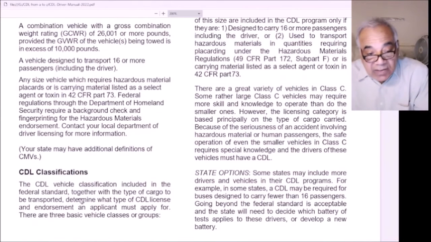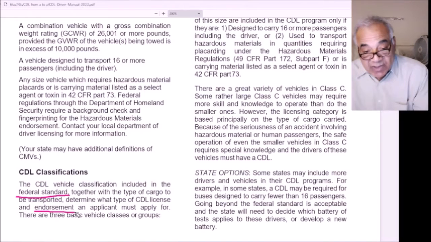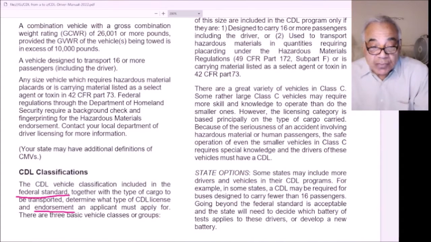We talked about the classification of commercial driver license according to the federal standards, and we also talked about the endorsements. Endorsements are the permits that the commercial driver needs on his license in order to transport certain cargo.